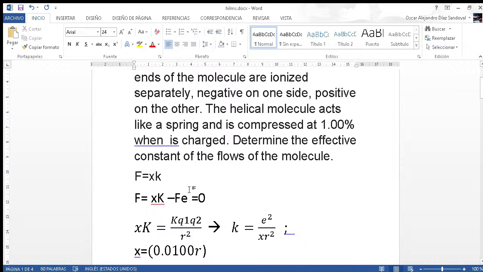Okay, that is Hooke's law. We need to use it in this problem.